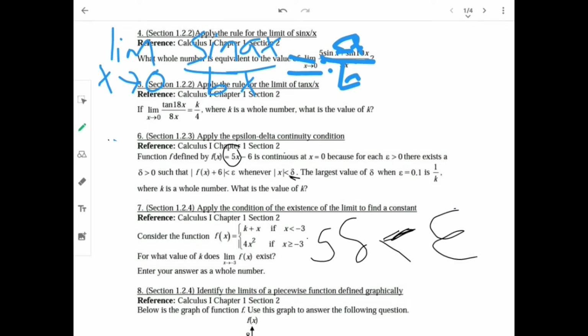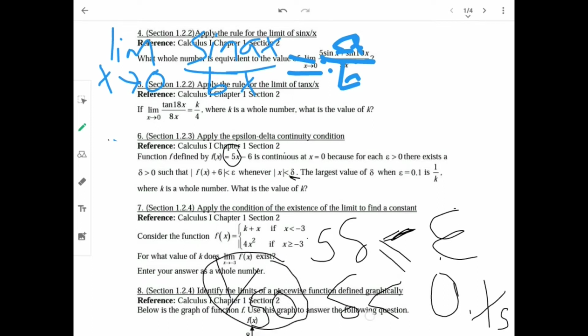Now they gave you epsilon over here, which is 0.1. Okay, so delta is going to be less than 0.1 over 5, which makes it 1 over 50. And that is the maximum value that delta can be. So over here, 1 over k, k is equal to 50.